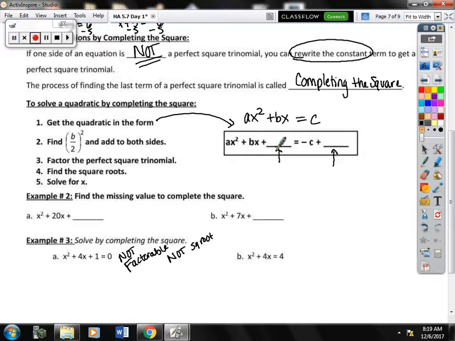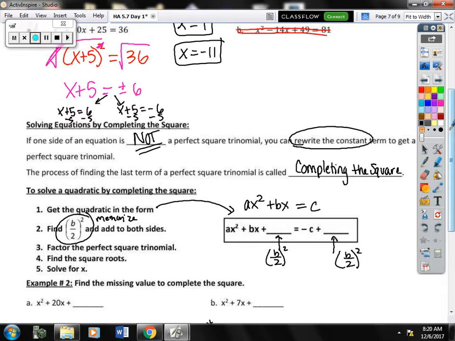So you're going to add a number to both sides to force this to be a perfect square trinomial. Now, to figure out what the number is, you're going to use this formula, which you want to memorize. You're going to find out what b divided by 2 is and square it, and that's going to get added to both sides. Once you do that, you're then going to have a perfect square trinomial, something that will factor to be itself squared, and then you'll be able to solve it without your graphing calculator.